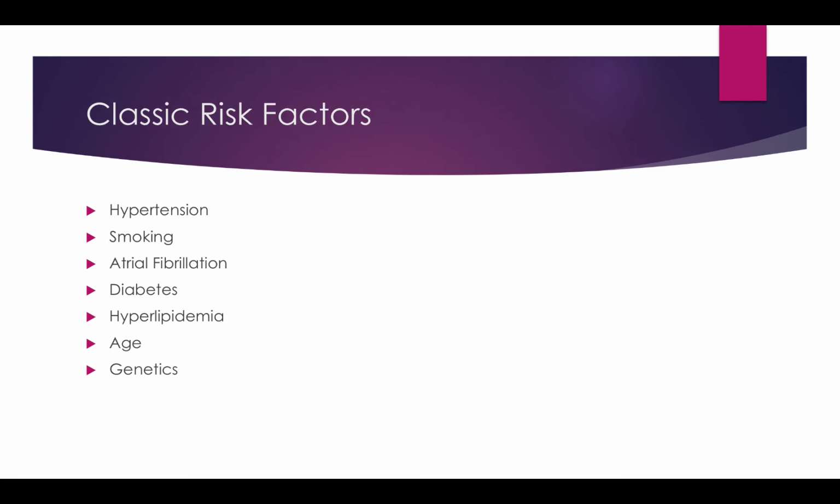Classic risk factors for stroke: hypertension, smoking, atrial fibrillation, diabetes, hyperlipidemia, age, genetics. So a lot of these factor in with our atherosclerotic risk factors for heart attack as well. Probably the bigger exception there being the atrial fibrillation, where that's a specific risk factor.